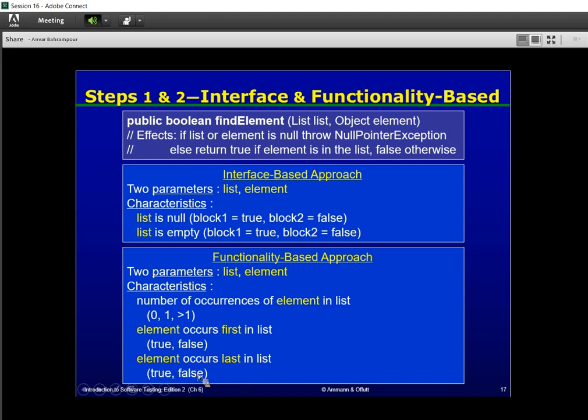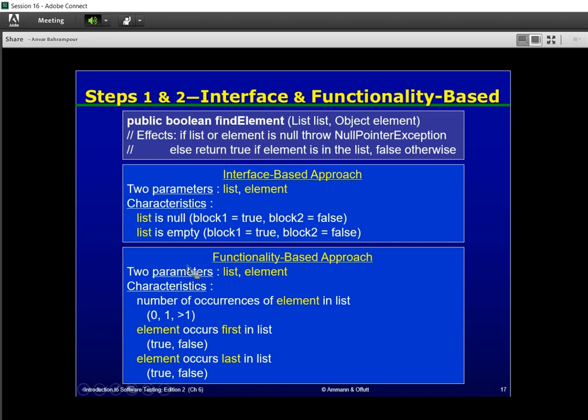And when this characteristic is considered false, we should provide a test case in which we have a non-empty list and the element is not located in the last position.